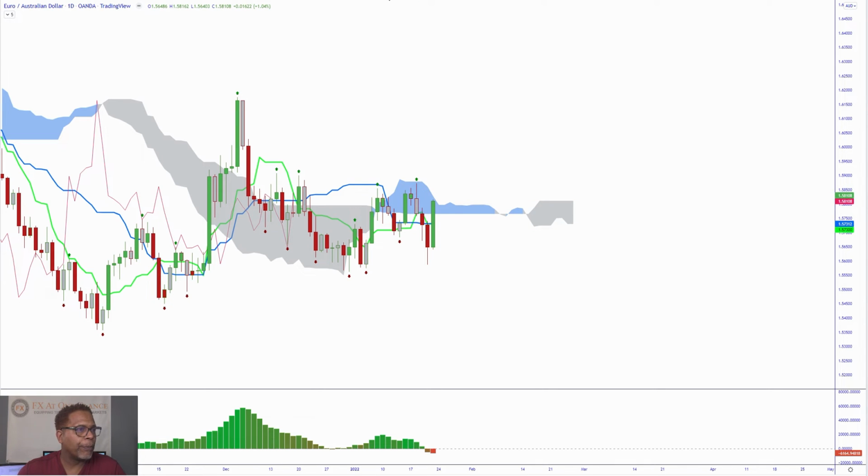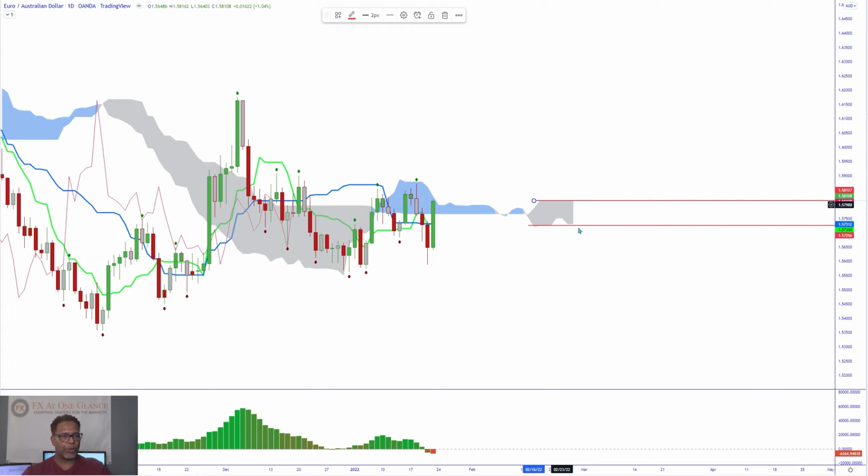If your cloud cannot violate this level to the downside and doesn't violate this level to the upside, your market is going nowhere. You're in between here. This market is flat. It's ranging. There's nothing for me to trade right now. I need it to break out of this area. Other than that, I don't have a trade setup for you at all.